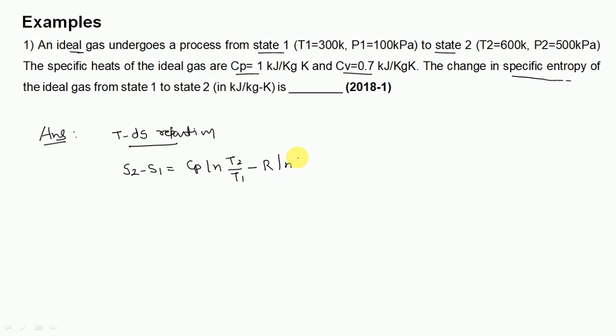The second equation is S2 minus S1 is equal to Cp ln T2 by T1 plus R ln V2 by V1. So here in the given example, we have temperature and pressure. We do not have volume. So we directly go with this first relation.